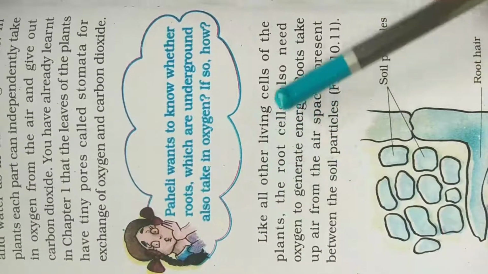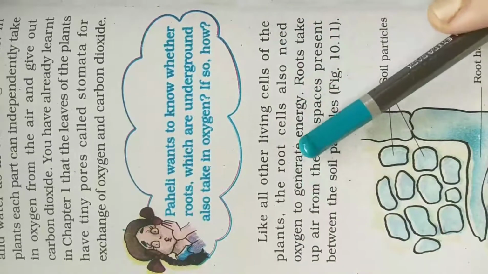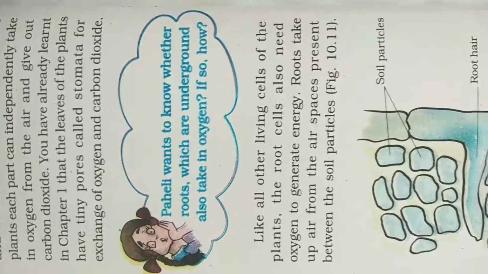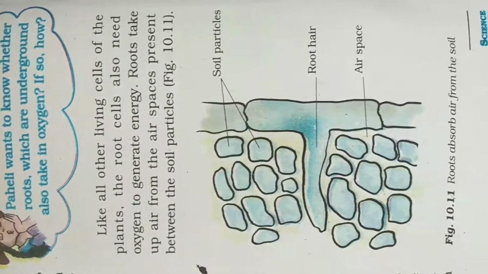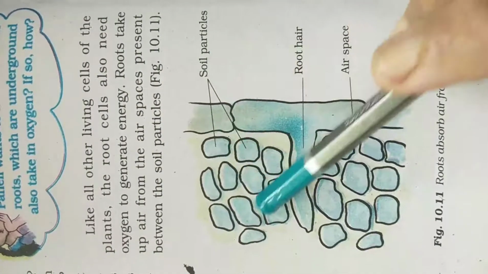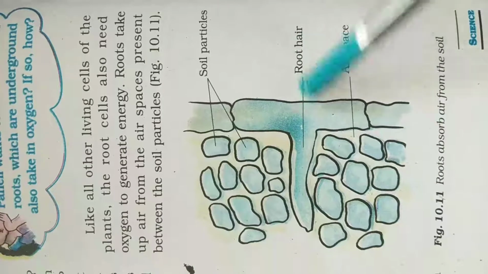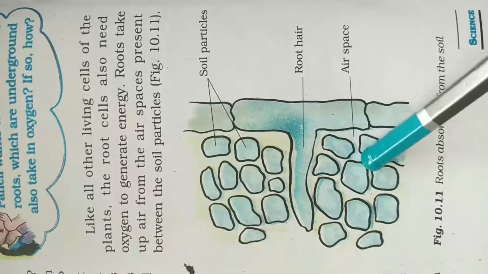Like all other living cells of the plant, the root cells also need oxygen to generate energy. As I told you, roots absorb oxygen from the air present in the soil. You can see the picture here. Soil particles are shown, then this is the root hair, then the air space between the soil particles.